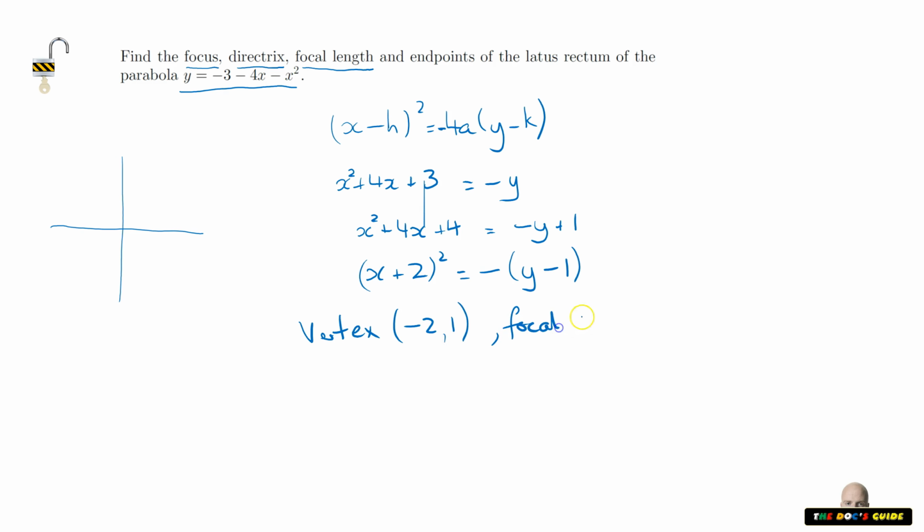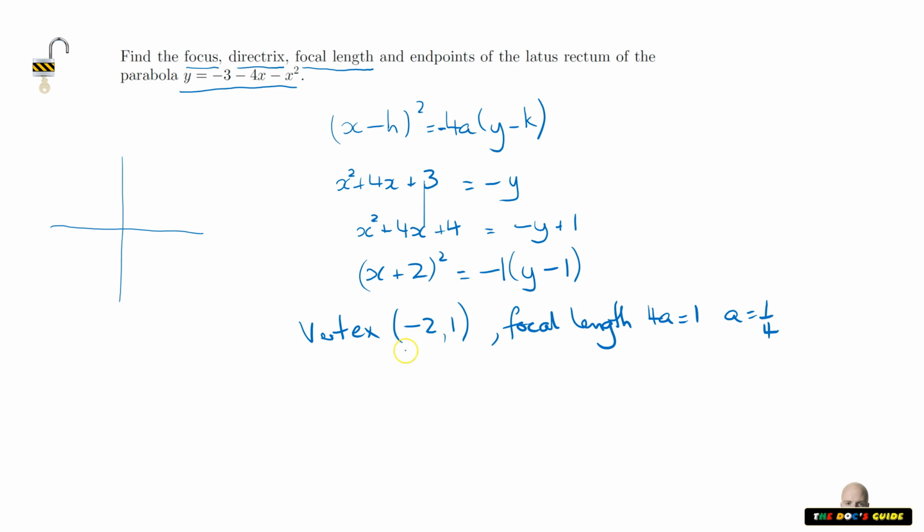Focal length occurs when, that's a 1 there, so when 4a equals 1, so therefore a equals a quarter. And we know that the negative is telling us that it's concave down. So, the focus, directrix, and focal length.